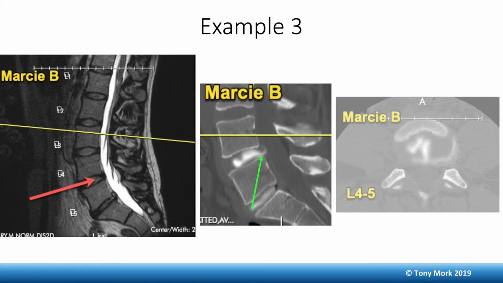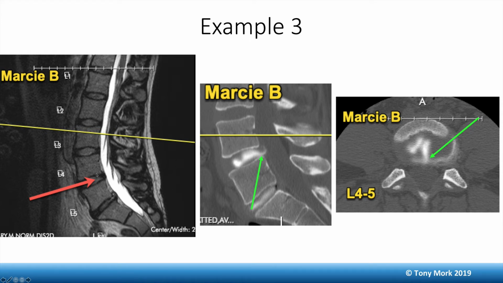Example 3, again, here we have a disc bulge, and here we have a small protrusion, herniation. After the CT, we can see that the herniation didn't really give rise to any type of annular tear, but the level above that looked normal and was read as just a disc bulge on the MRI scan. It is leaking dye out the back for sure. And here's the axial view, so we can see the dye coming straight out the back and a little bit over to this side as well.